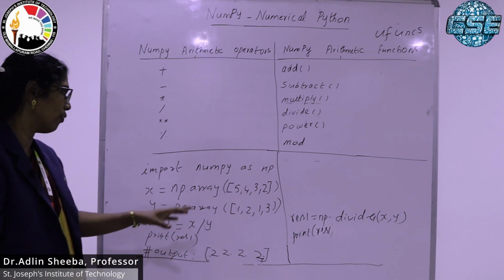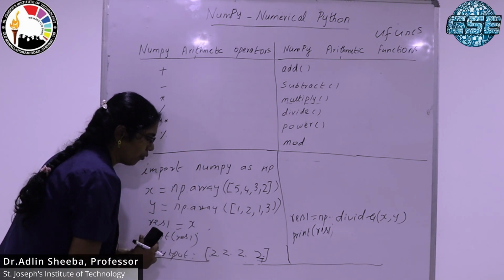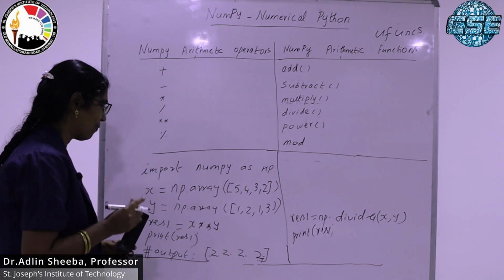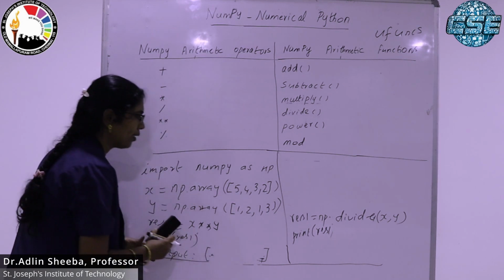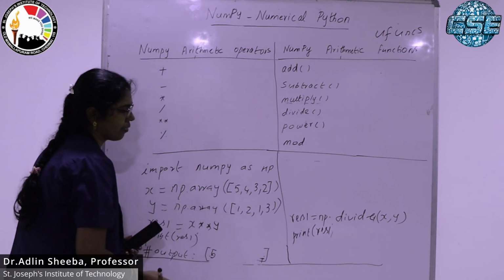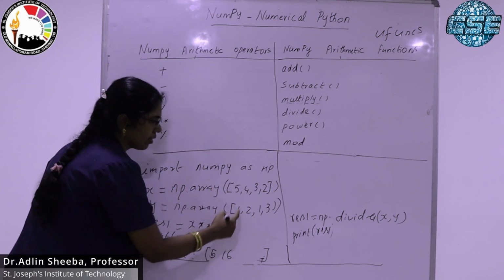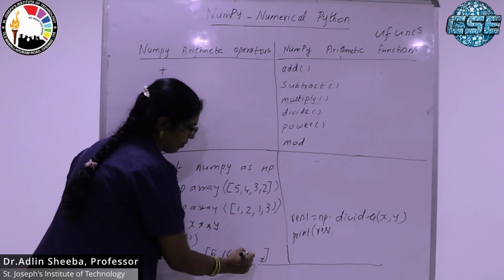Okay. So now we are going to perform the power operation. So we are using the power symbol. And we are printing. So the output is 5 power 1 is 5, and 4 power 2 is 16, 3 power 1 is 3, and 2 power 3 is 8.